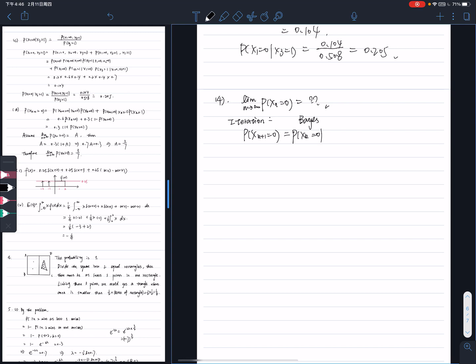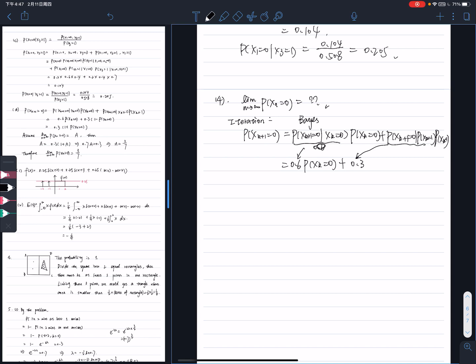It equals P(x_{k+1} equals 0 on the condition x_k equals 0) times P(x_k equals 0), plus P(x_{k+1} equals 0 on the condition of x_k equals 1) times P(x_k equals 1). From the statement of the problem, this part is 0.6, so 0.6 times P(x_k equals 0), plus this part is 0.3.